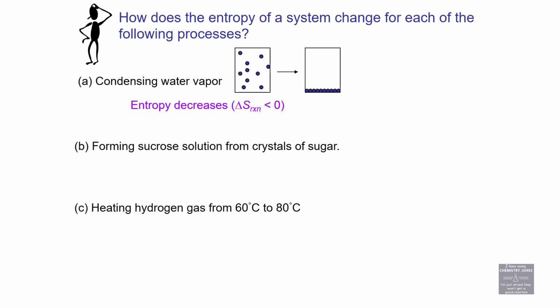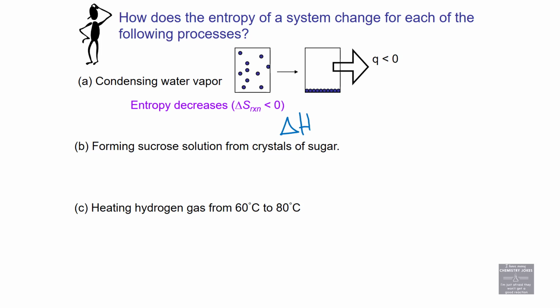In general, spontaneous processes need to have a positive delta S. It is possible that a reaction be spontaneous and have a negative delta S. In order to do that, it means your delta H has to be the right sign. But in order for this reaction to happen, heat must leave our system.